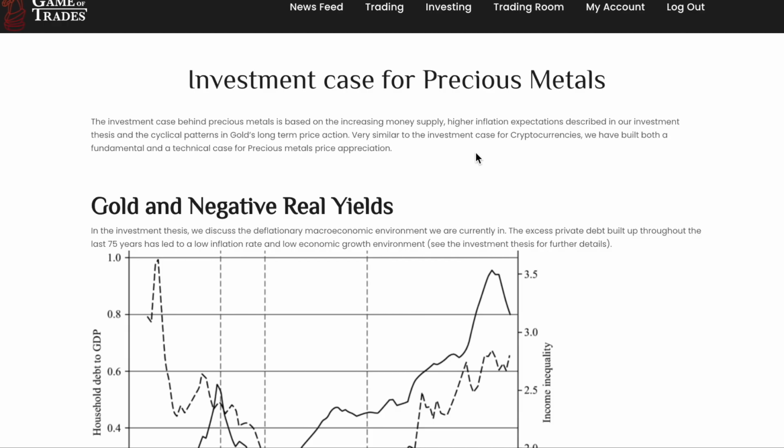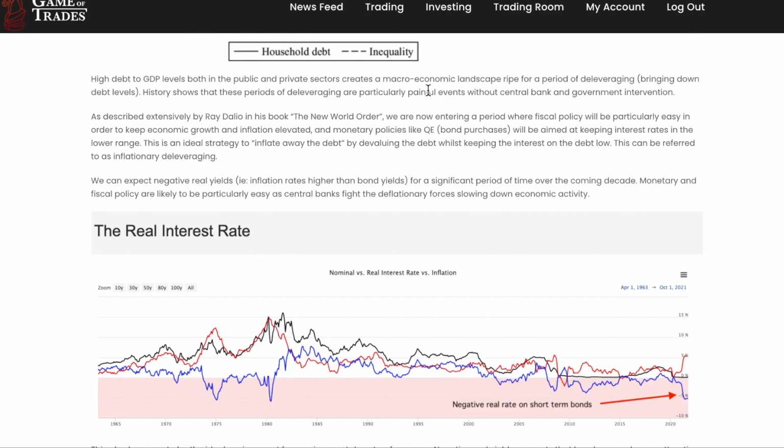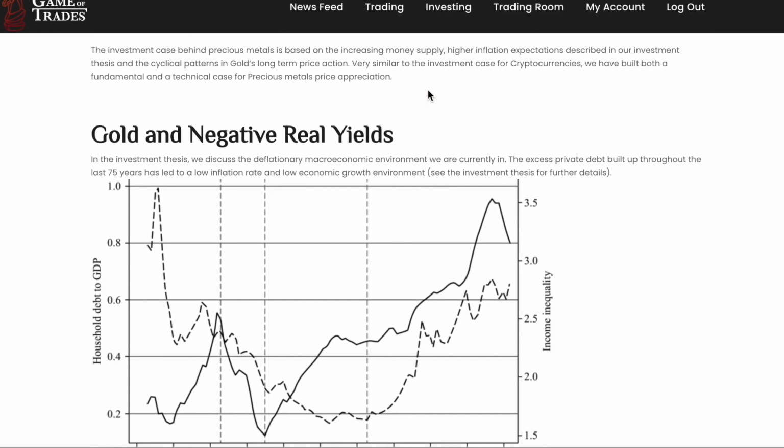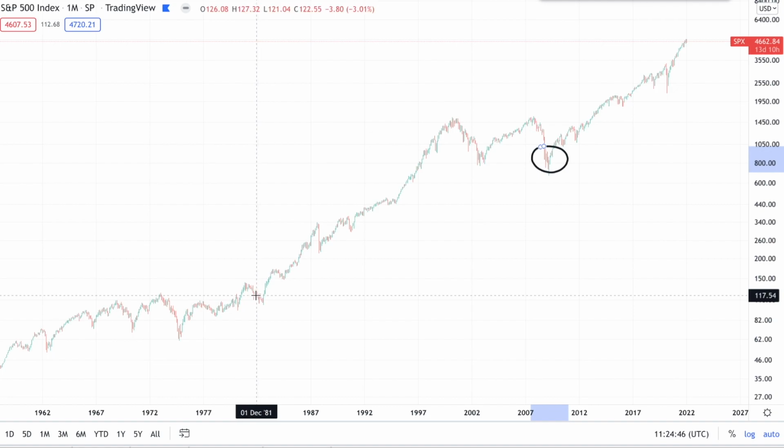We take a look at the investment case for precious metals, cryptocurrencies, global stock market, global equities, global bonds, commodities, right? The energy sector, all of these are going to be fantastic trades. And depending on the timing of all of it, some of them can provide massive protection against big drawdowns in the market and lets you buy cheap stocks, cheap equities after having benefited from massive upside potential on some of these trades.